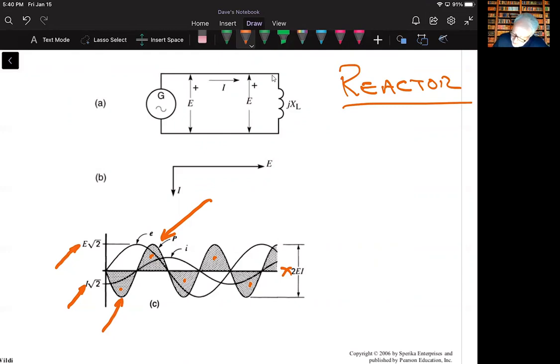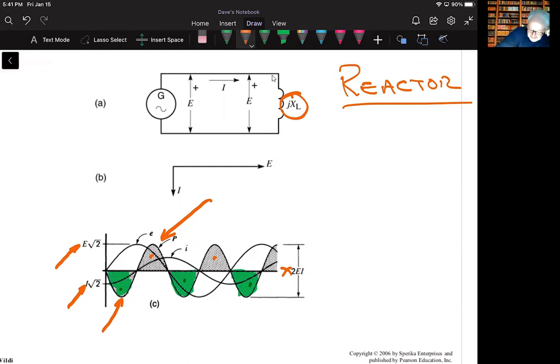And the negative waves, now here you go, here's this new concept. These negative waves are indications of power that's delivered from the inductor back to the generator. So on one cycle, we give this load, the reactor, this power, and on the other, that reactor or inductor is just returning that power back.